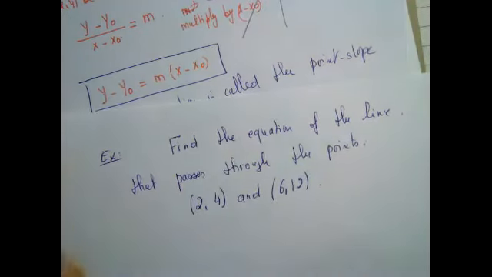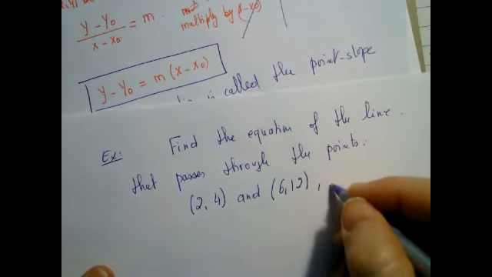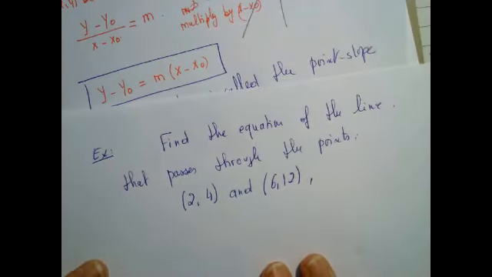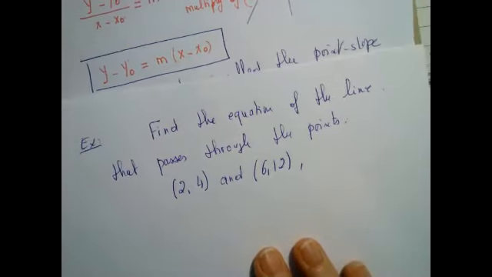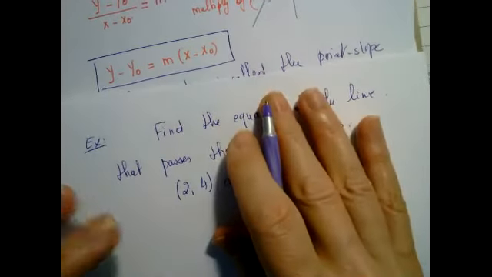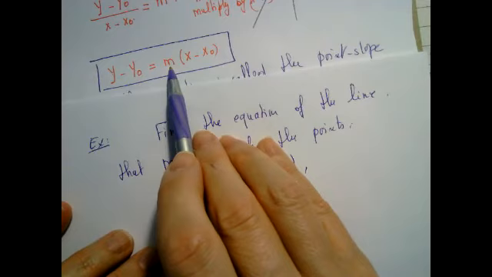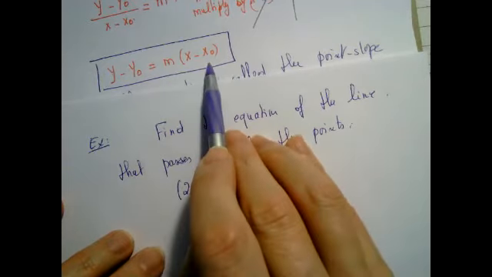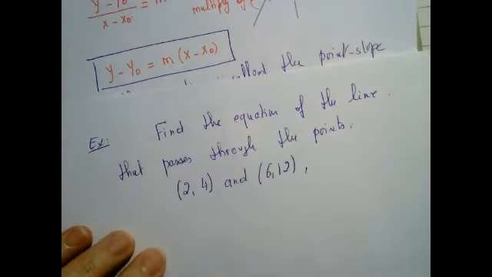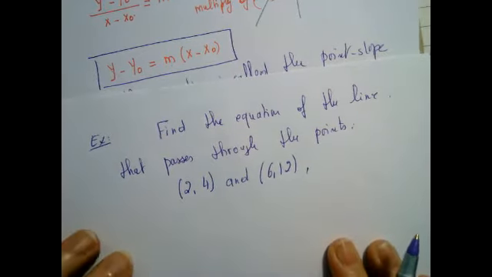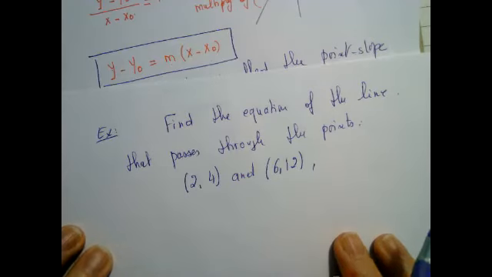Okay, so I'm using the point slope form. How do I use it to find this? The point slope form tells me that if I know the slope and a point, I can find the equation. So to use it, I need to find the slope and I need a point.